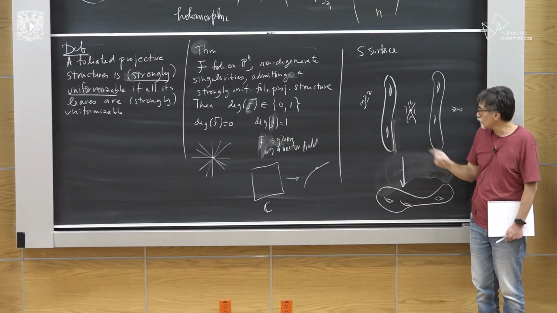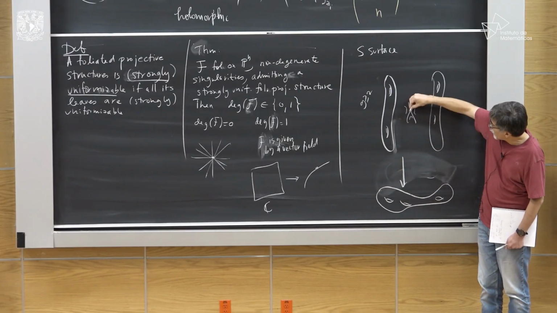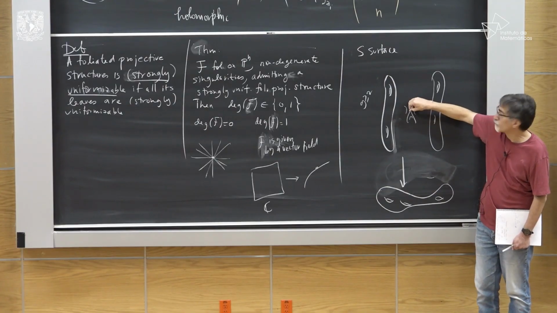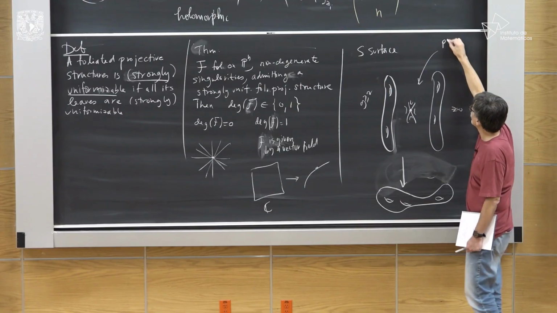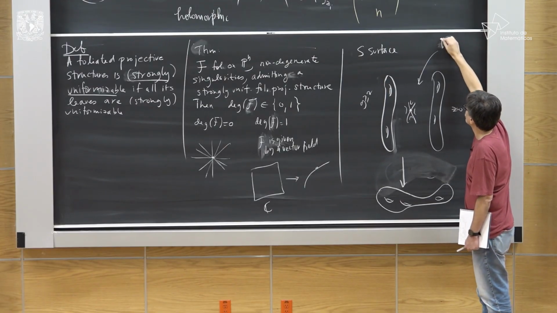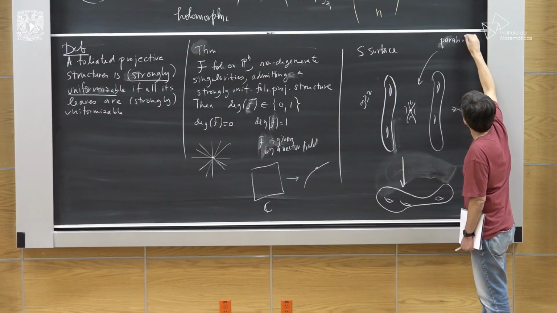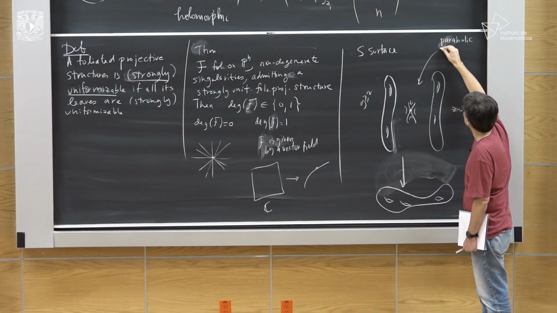And suppose, moreover, that at the punctures here, the projective structure makes the punctures parabolic. So this is a feature of the projective structure.